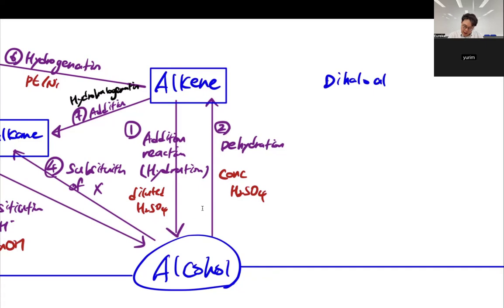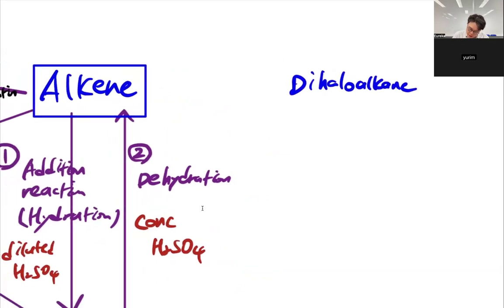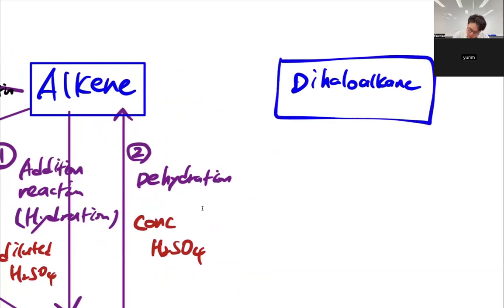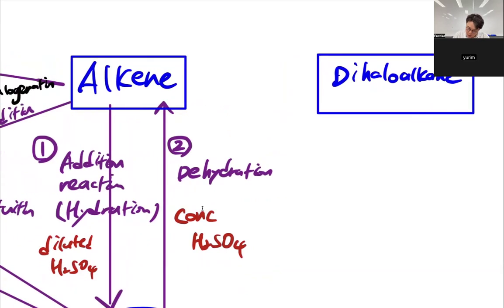Consider what I mean by dihalo compared to just halogenation. Dihaloalkane means that we have two halogens attached. So from the alkenes to the dihaloalkane, we can go like this.